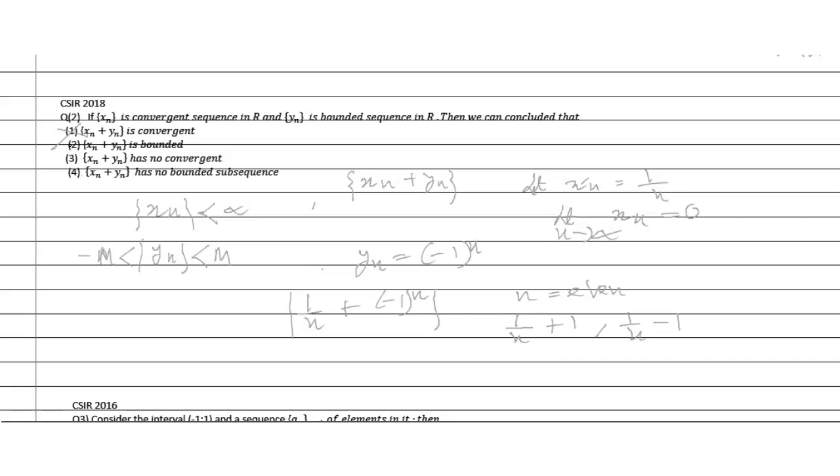And now xn plus yn is bounded, from these equations, 1 by n plus 1 and 1 by n minus 1.